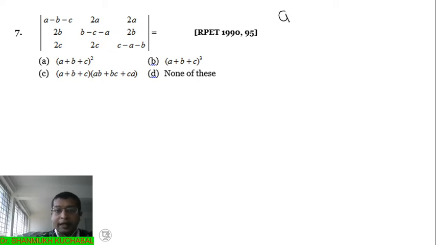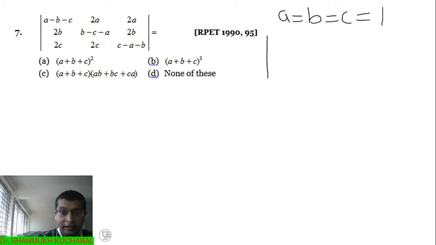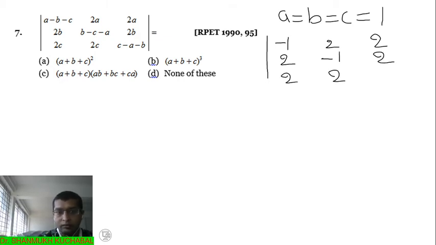So I take A equal to B equal to C. All of these I take as 1 here, right? So what we get is 1 minus 1 cancels, so minus 1. Next 2, 2. Similarly 2, minus 1, 2. It is 2, 2.